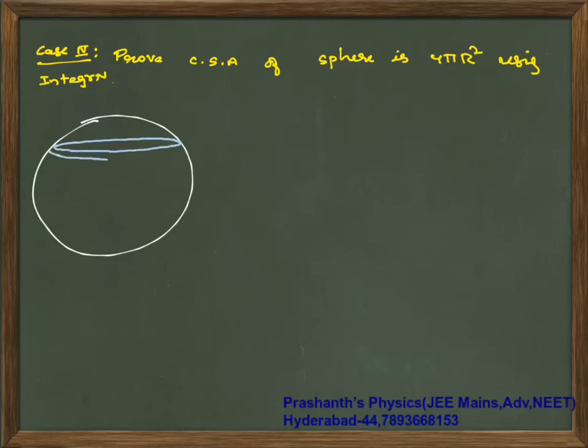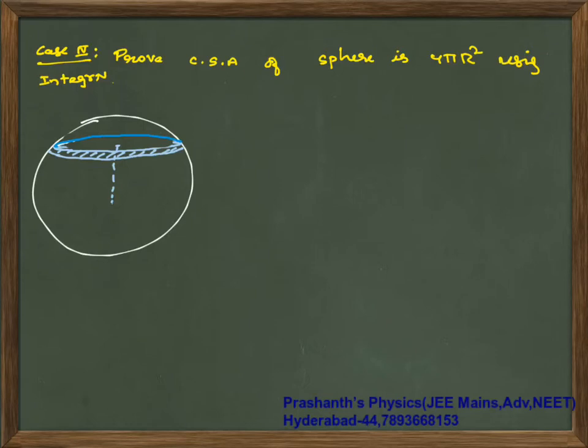Now how I do that is, I will take a small strip here. This peel off layer, if I define properly a peel off layer like this, for clarity's sake, not to have confusion, I will draw a single line so that you will not get confused. So you have this peel off layer like this.